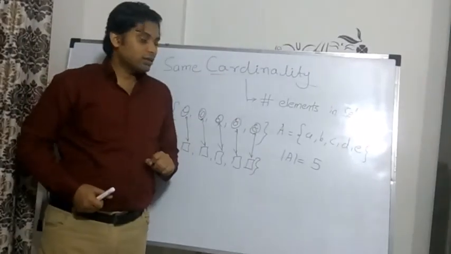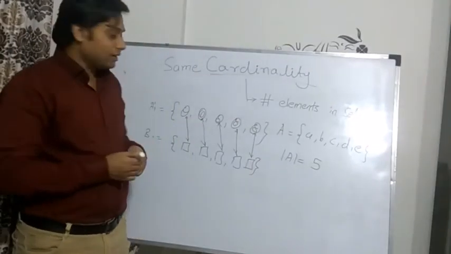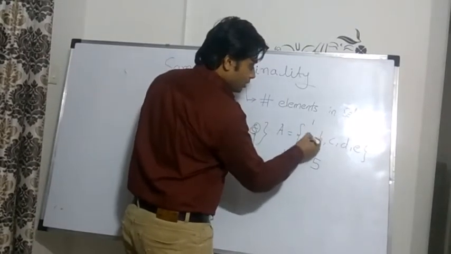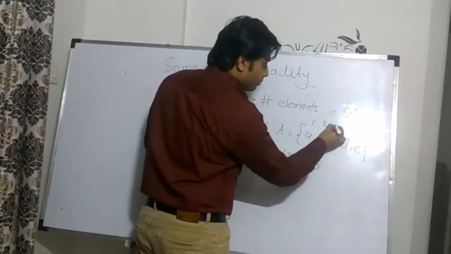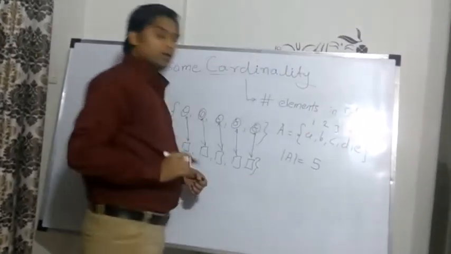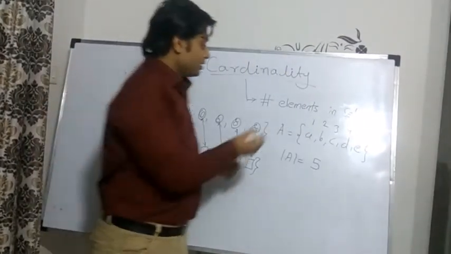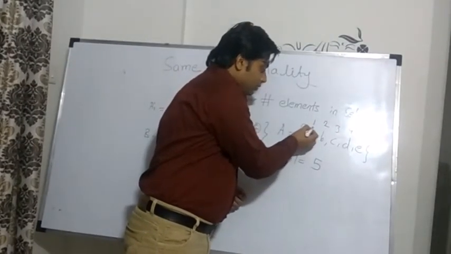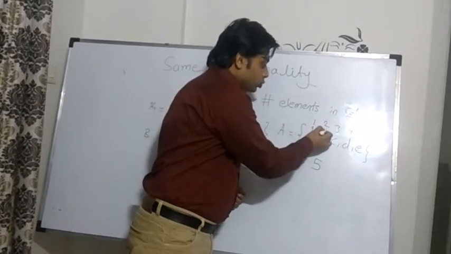Even while counting the number of elements in A, what we have done is we have assigned number 1 to A, number 2 to B, number 3 to C, number 4 to D and number 5 to E. Here also we have found the mapping between these two sets.